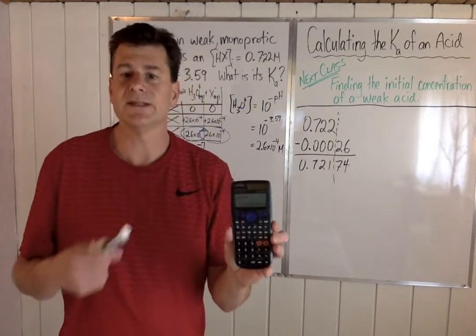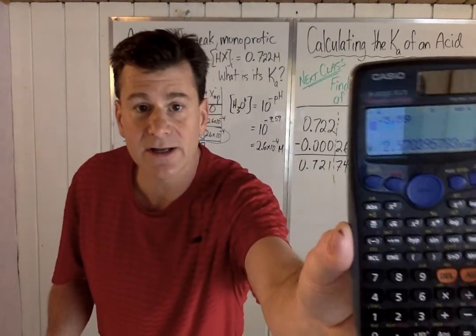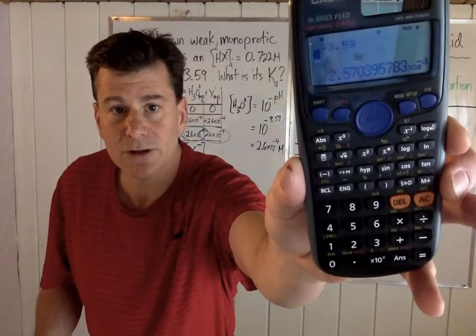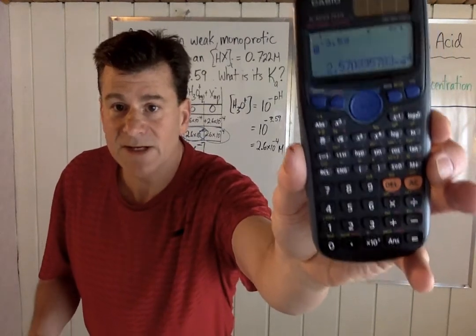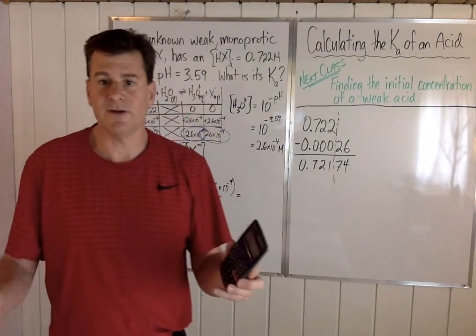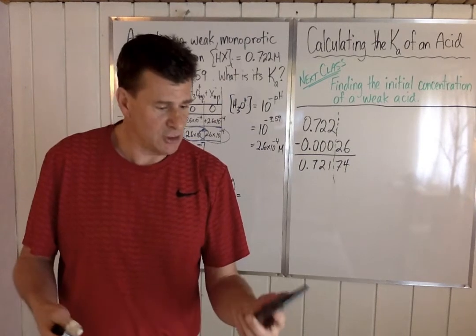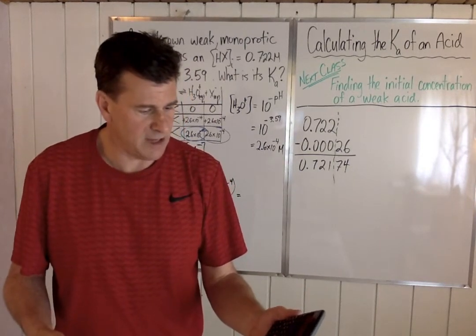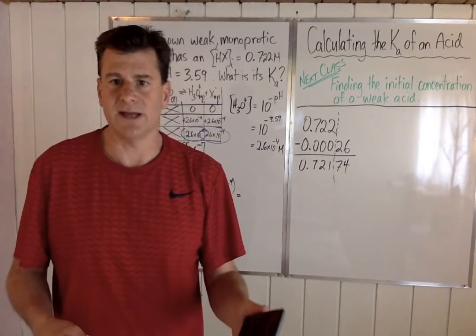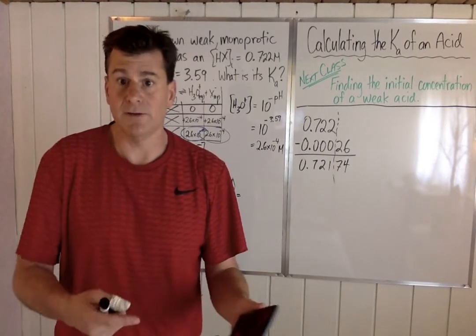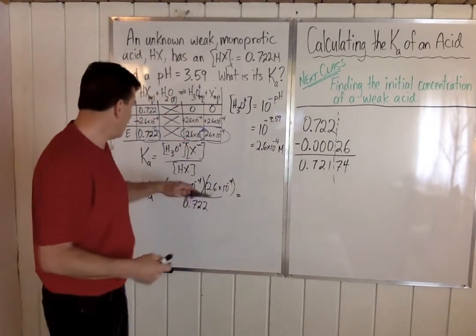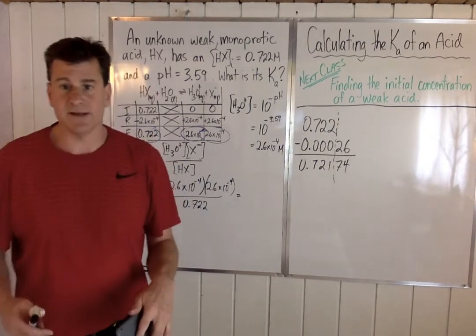I've still got that original number. I didn't even erase it. It's 2.57039578 times 10 to the negative 4. So now I'm going to use that instead of 2.6 times 10 to the negative 4.